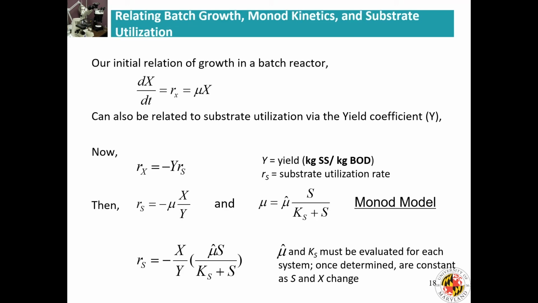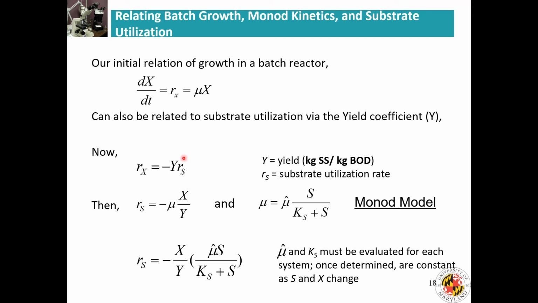Now we want to put together all the equations and information that we learned so far, and mostly put together everything in terms of substrate utilization. In the first equation, you've seen it so many times, this is basically just the first order reaction for the batch reactor that we had before.